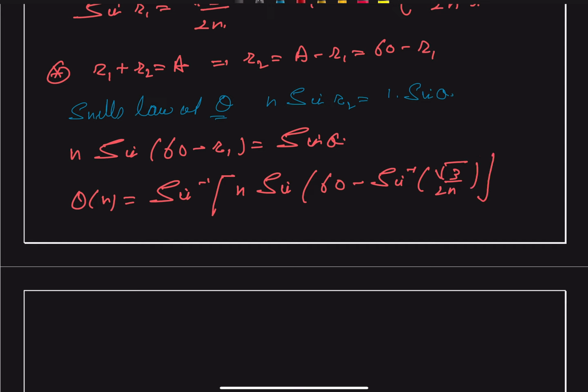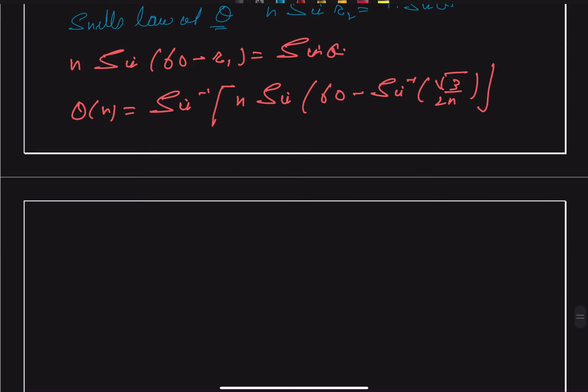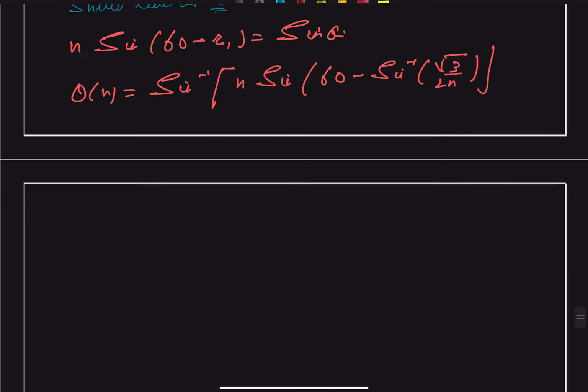Okay, so this is the value of theta n, and we are given that the derivative of theta with respect to n is equal to m. So we just differentiate it. For the sake of convenience, let theta n be equal to sine inverse of a function f of n.